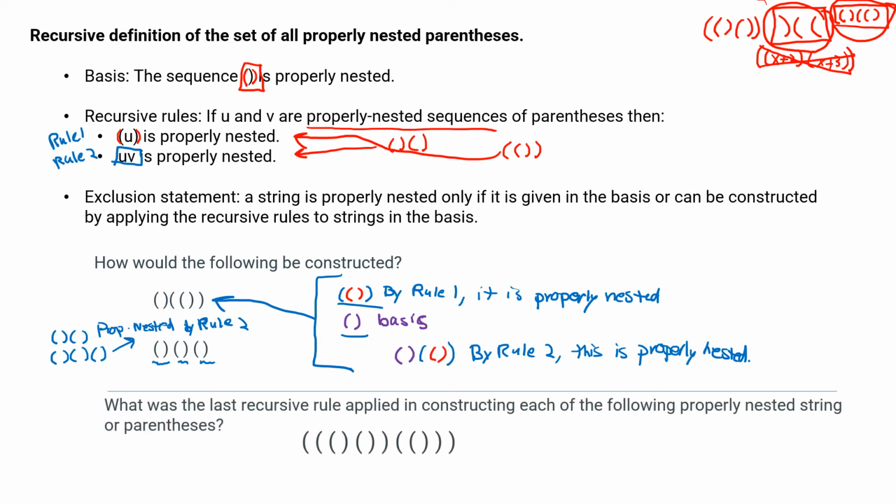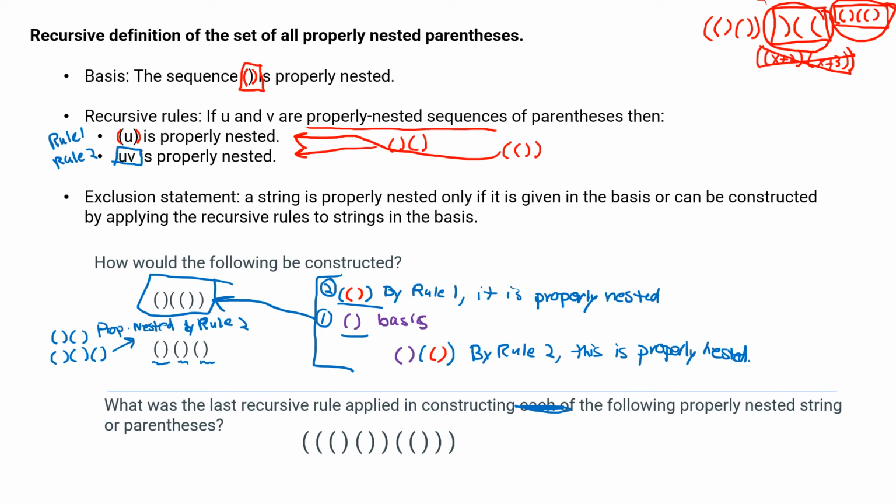Now the book asks some questions like this. What was the last recursive rule applied in constructing each of the following properly nested strings of parentheses? There's only one I'm showing you. So what was the last recursive rule? Now on these, you see sometimes there's more than one way. On this first one here, I could have done this first and that second, and then put them together.